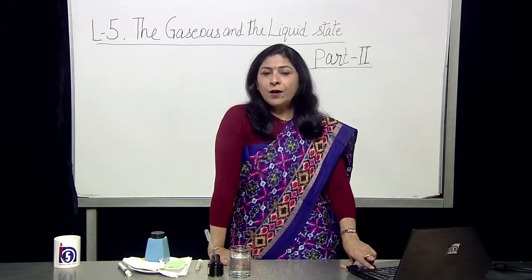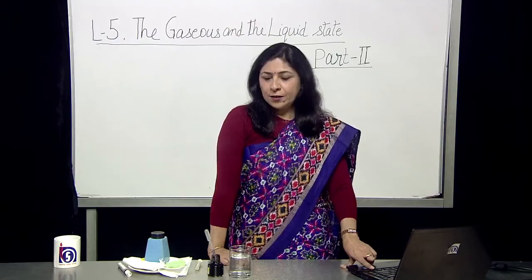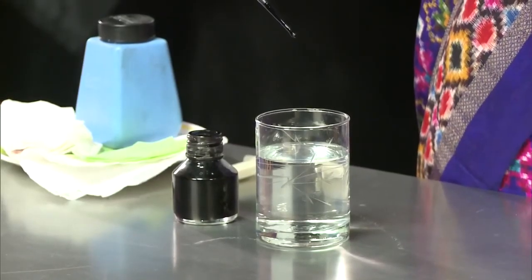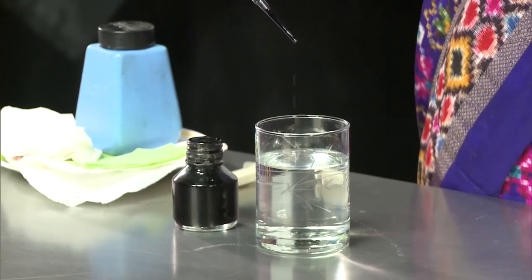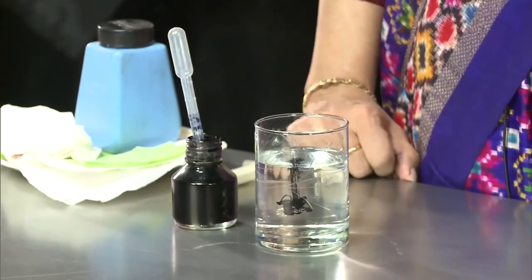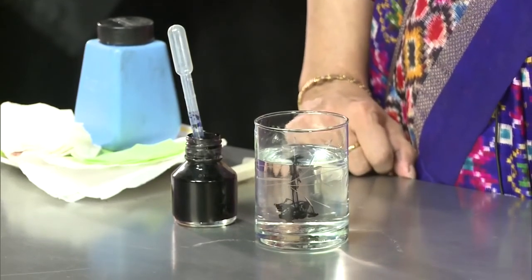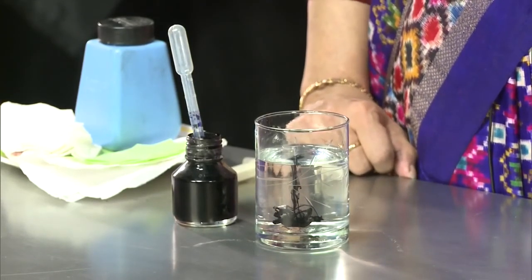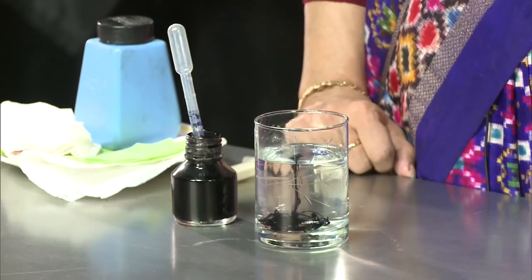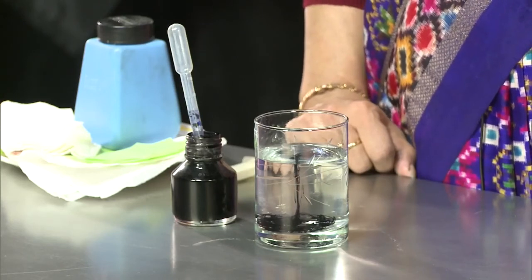Now, this also I will show with the help of an activity. You can see we are going to put one drop of ink in the water. See how it is going to diffuse very slowly. It is getting diffused, and the reason for this is that the intermolecular gaps are there.